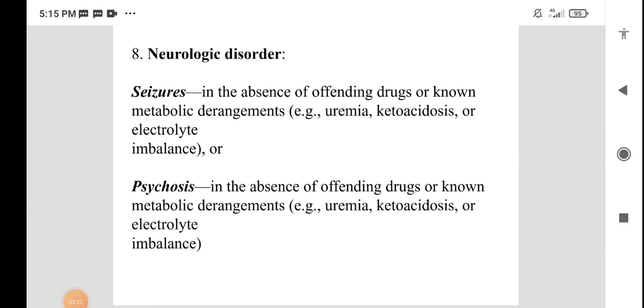Neurological disorders: seizures in the absence of offending drugs or known metabolic derangements, for example uremia, ketoacidosis, or electrolyte imbalance. Or psychosis in the absence of offending drugs or known metabolic derangements, such as uremia, ketoacidosis, or electrolyte imbalance.